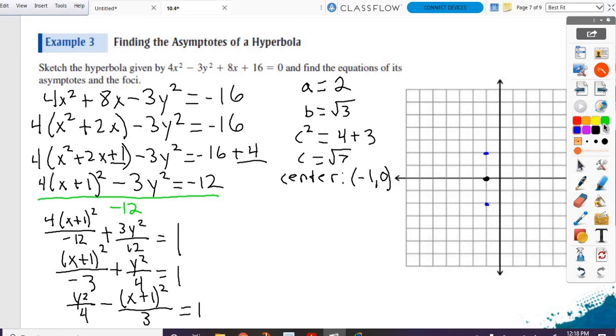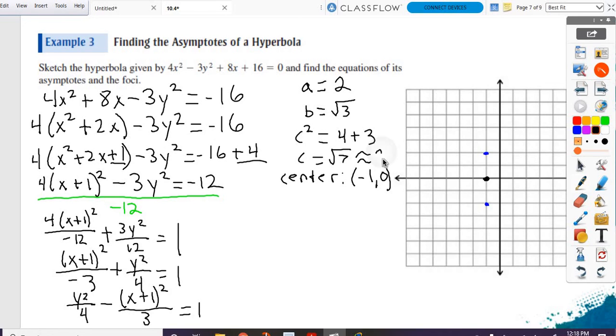Now, our c value is what's going to give us our foci, correct? So what is our c value approximately? Square root of 7? No, like what is the square root of 7 approximately? It's going to be between 2 and 3, right? 2.645.